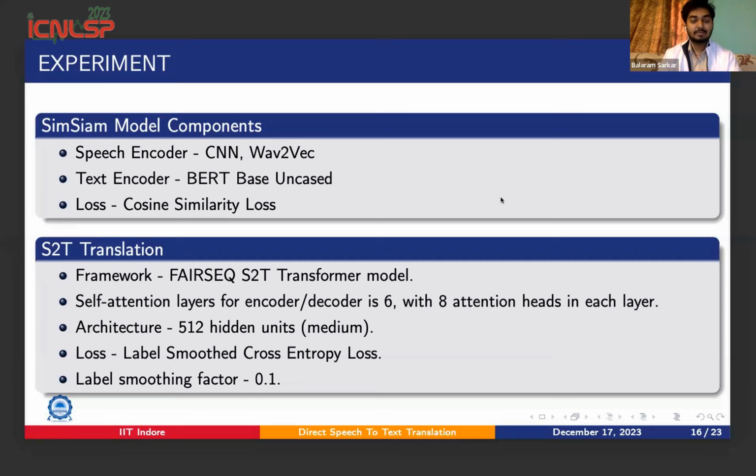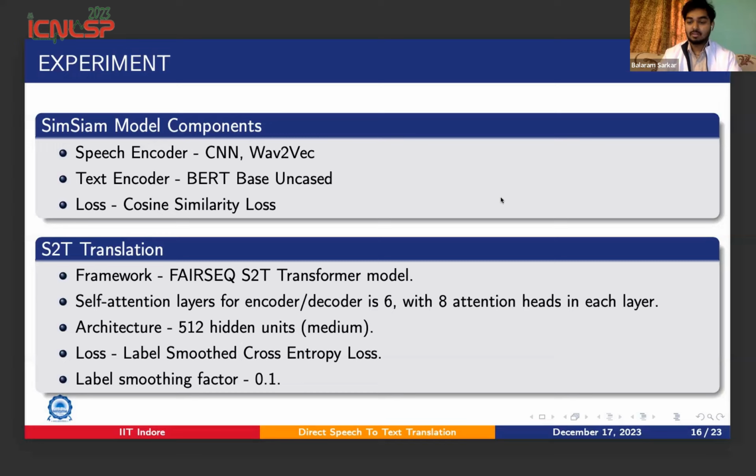And for the speech to text translation, we used the S2T transformer model from FairSeq, which is a research toolkit for implementing ASR, machine translation, speech to text, or any NLP related projects.